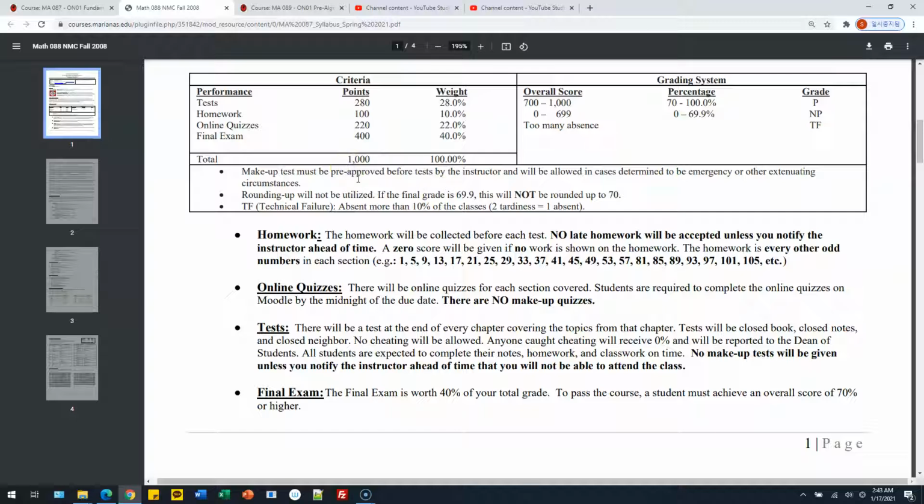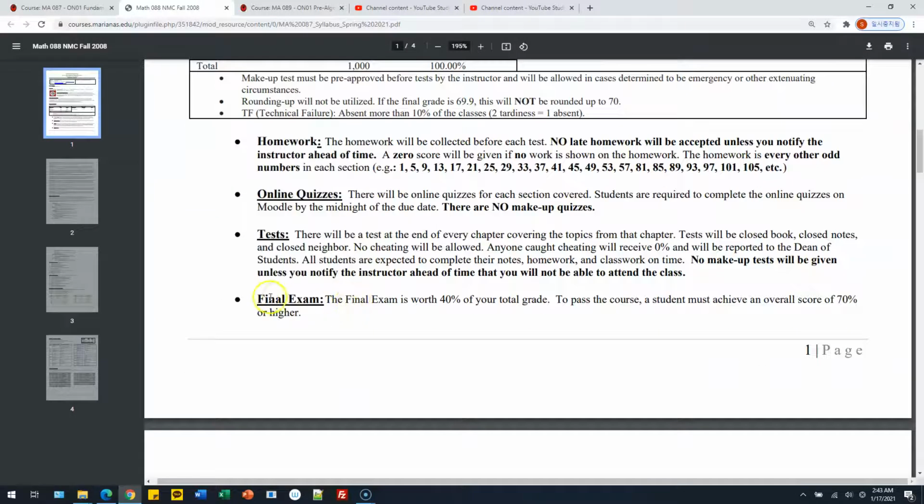Calculators are not allowed, and smartphones are not allowed. When you take the test or quiz, don't use smartphones and calculators, even for the final exam.